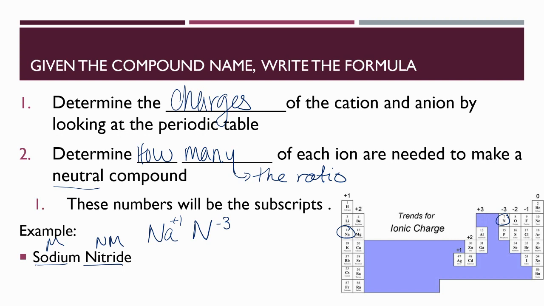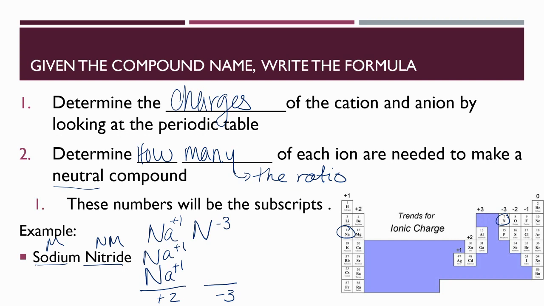So right now I can see that sodium has a +1, nitrogen has a -3. A +1 is not going to even out a -3. I'm definitely going to need some more positives. So if I add another sodium, now I have a total of +2, right? If I were to tally my charges here at the bottom, they're still not even, so I'm going to need a third sodium to even that out.